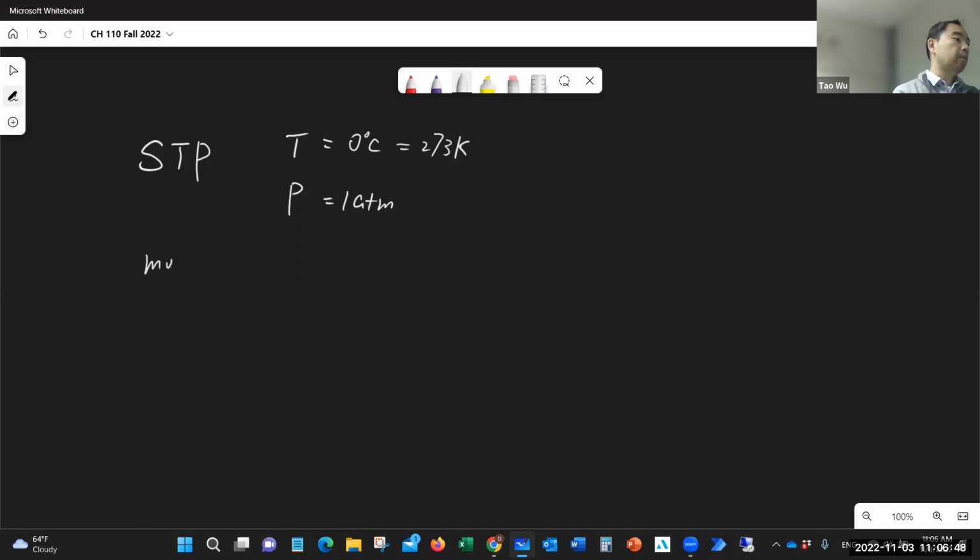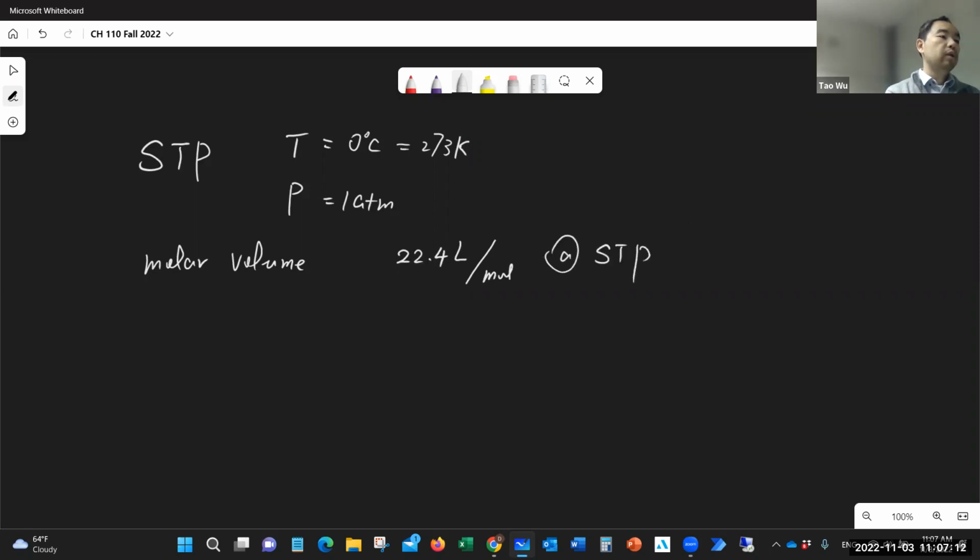And we also talked about what is called the molar volume, which means if we have 1 mole of gas, what exactly is the volume of this gas at STP condition. We call this 22.4 liters per 1 mole of gas at STP condition.